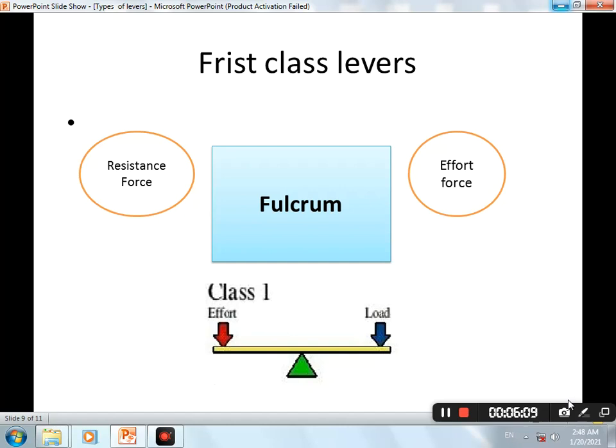Scissors, yes, and crowbar, seesaw, water pump, nail clippers, and these are examples of first class levers. So when I ask you why water pump is a first class lever, because it has the fulcrum located between the effort force and resistance. So any question we are asked about first class levers, the answer comes from the definition.